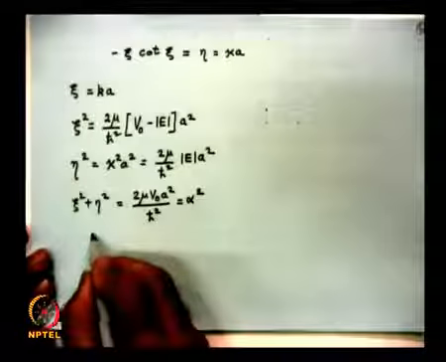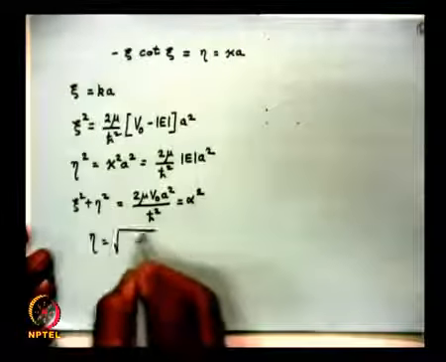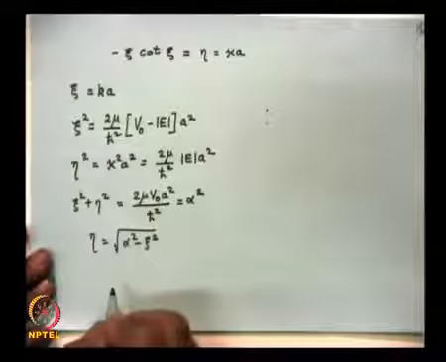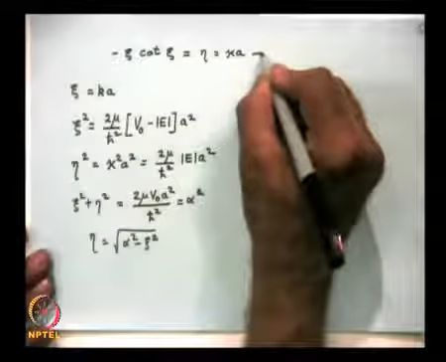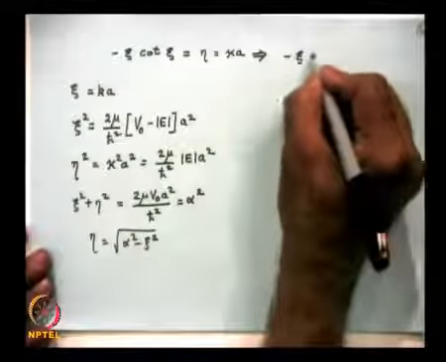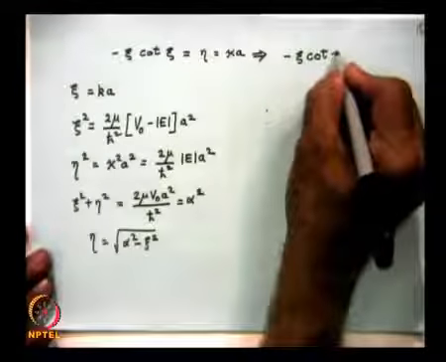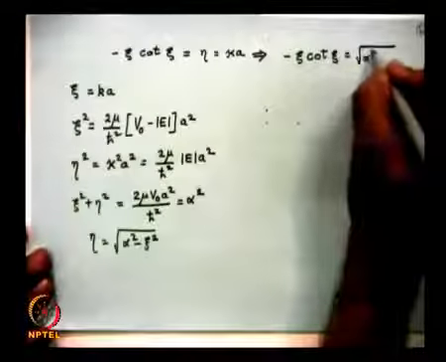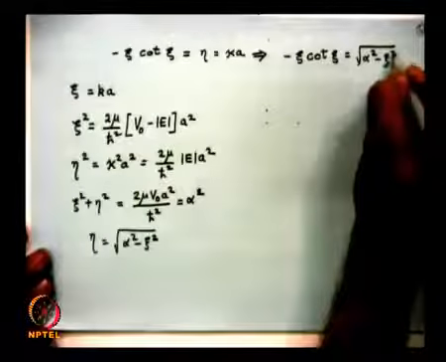So, my eta is equal to under root of alpha square minus xi square. So, this equation becomes the following transcendental equation: xi cot xi is equal to under root of alpha square minus xi square.